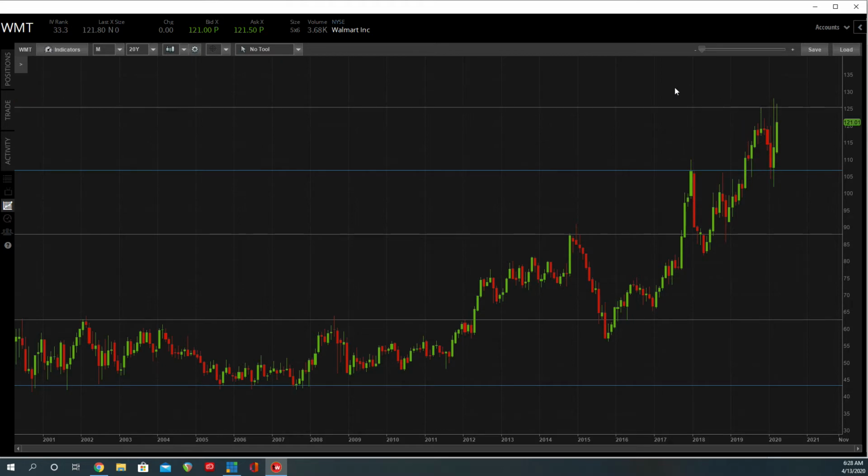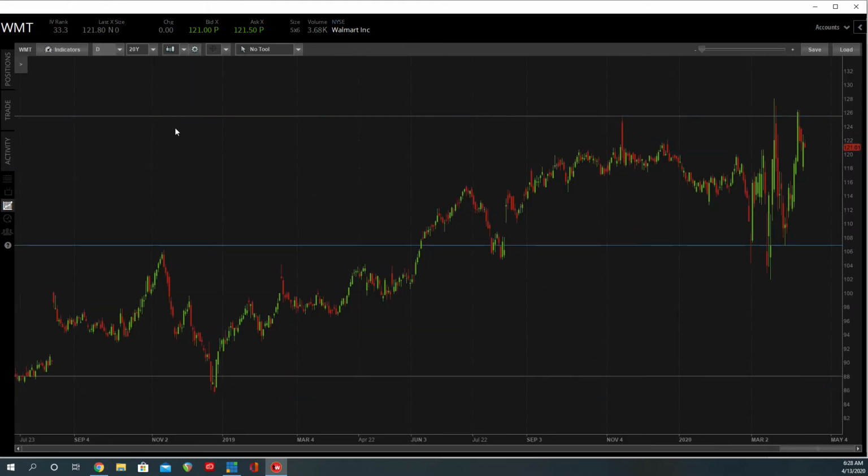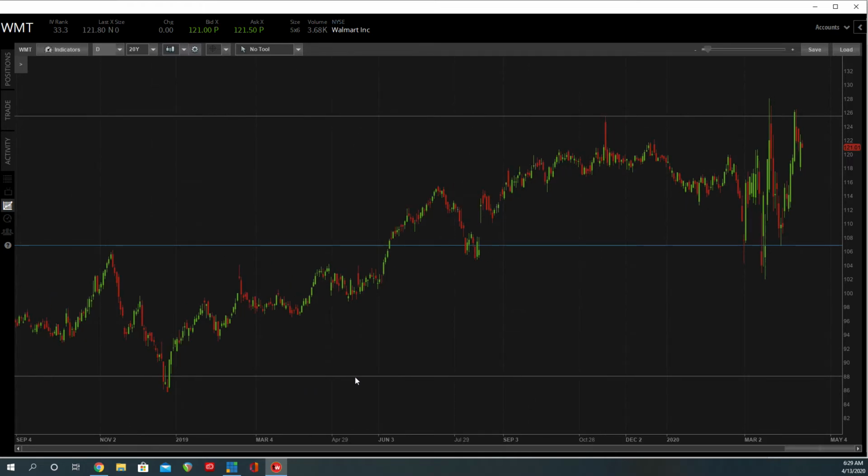All right, now what we're going to do is switch to daily bars, because that's what we're going to use for all of our setups. And there it is, daily. You can see that those lines are brought in.